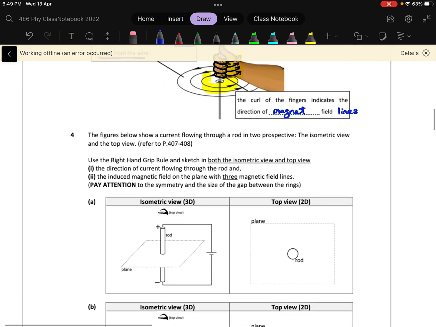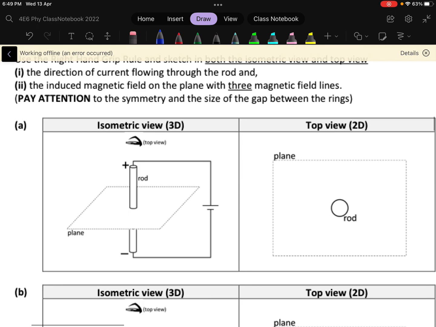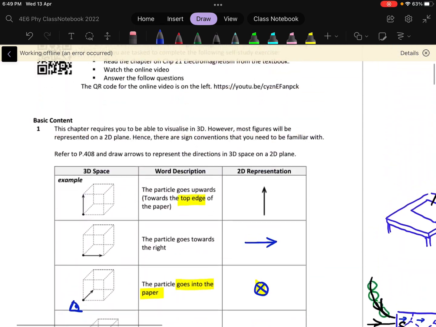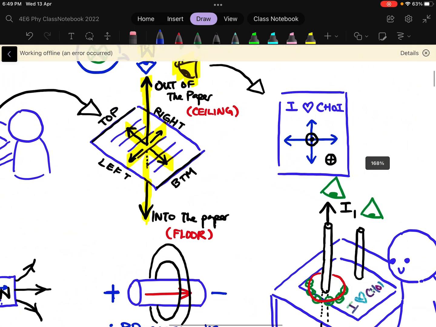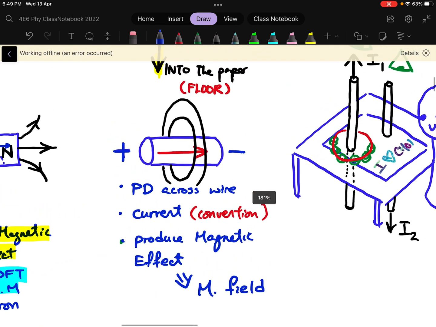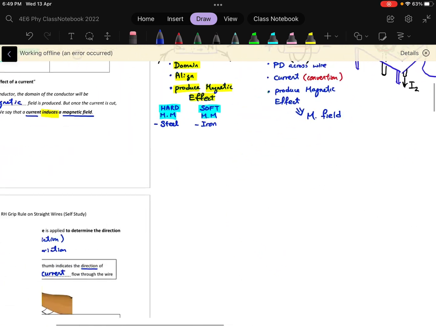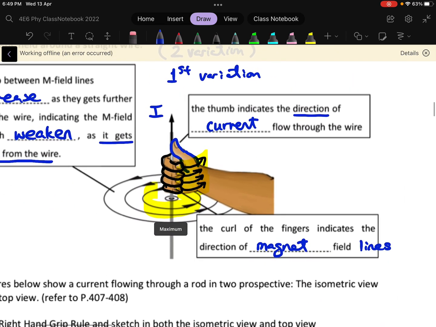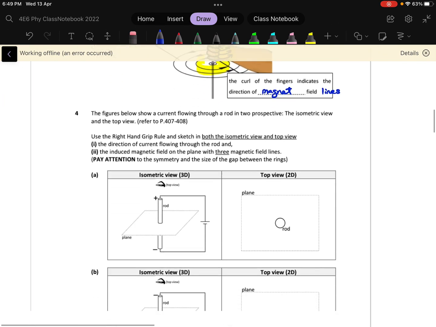Now, let's try this. I will put all 3 contents into one exercise. First is the sign convention, how to determine the direction of the conventional current. Then use your right hand grip rule to decide the direction of the magnetic field.